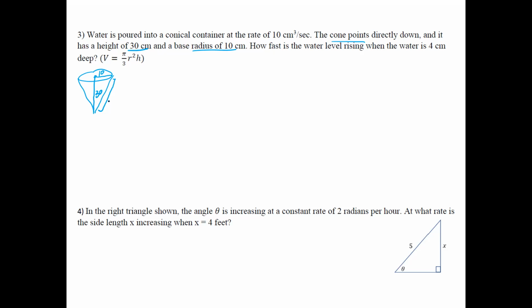I also know that the volume of this container is changing at a rate of 10 centimeters cubed per second. And how fast is the water level rising when the water is 4 centimeters deep? So it's talking about how fast the water is rising. You're looking at the height of the water. So dh over dt.